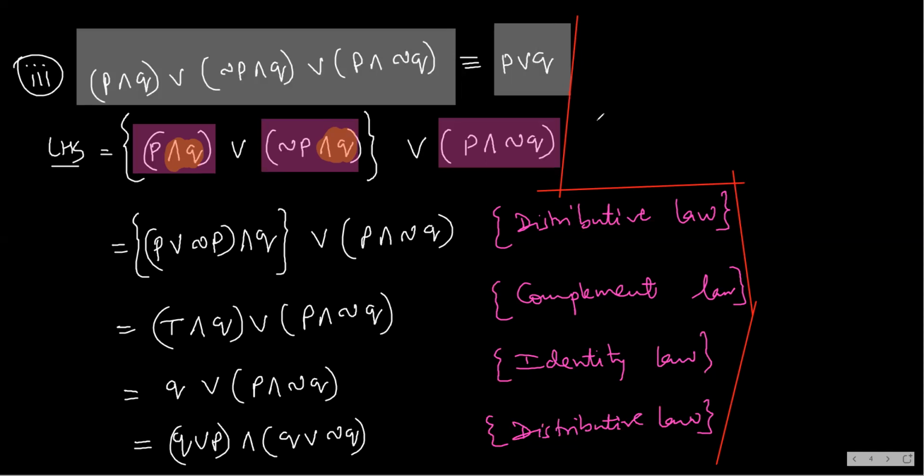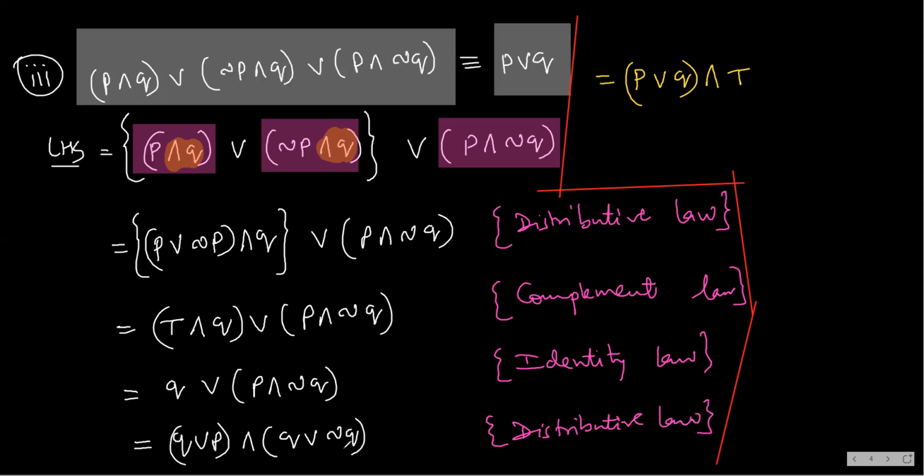So the next step, students, will be Q or P, which can be written as P or Q, and Q or negation Q. Q or negation Q is always true, because if Q is true, negation Q will be false, so you will have true or false.